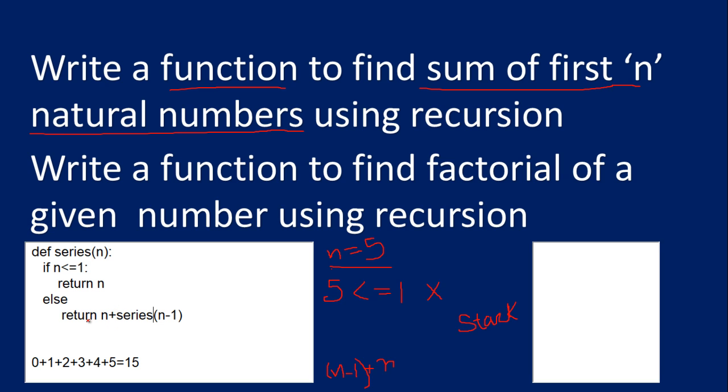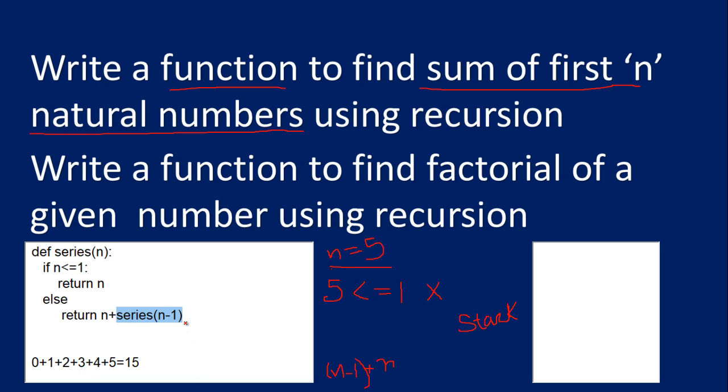Now what will happen? This statement will return the value only when it gets the value of this series n minus 1, because once it gets the value of this expression, only then does it add the value with n and return the result.